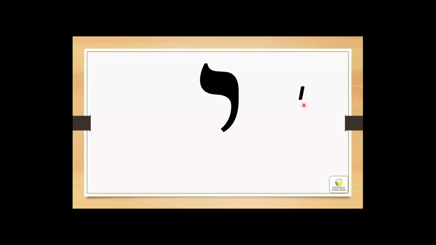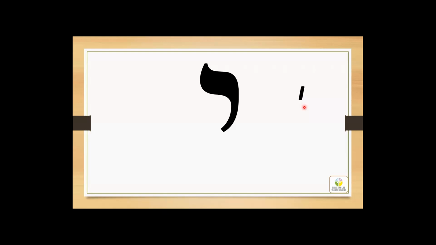So I keep my Yod like this, as I keep my Vav like that. Vav, Zayin, Het, Tet, Yod.